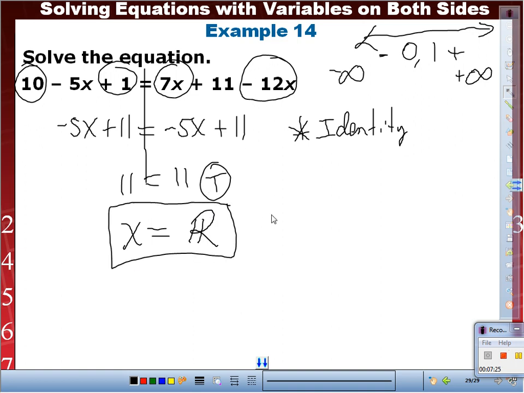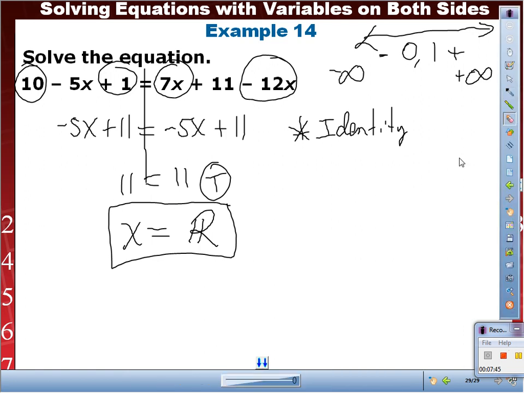Copy that, please. So once again, whenever you get an equation that you end up with an identity, what is our solution? X equals real numbers. Does everybody understand why? Because if we continue substituting values on each side, we get the same thing. Are you with me? Yes, Mr. Q, we love you.